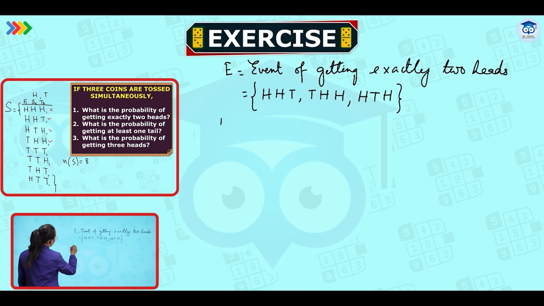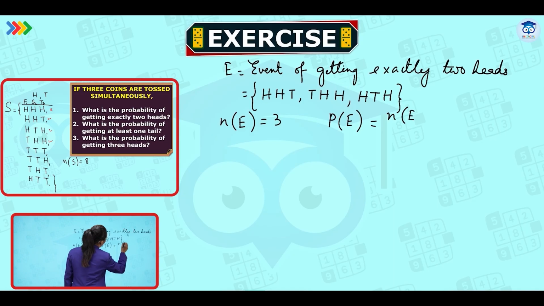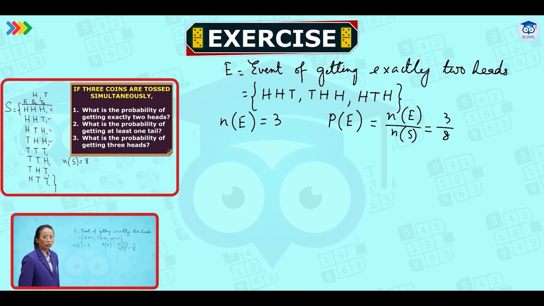So there are 3 outcomes for this. So probability of this particular event E will be N of E upon N of S. So that is 3 upon 8. That's it. Okay, so let's see the next question.